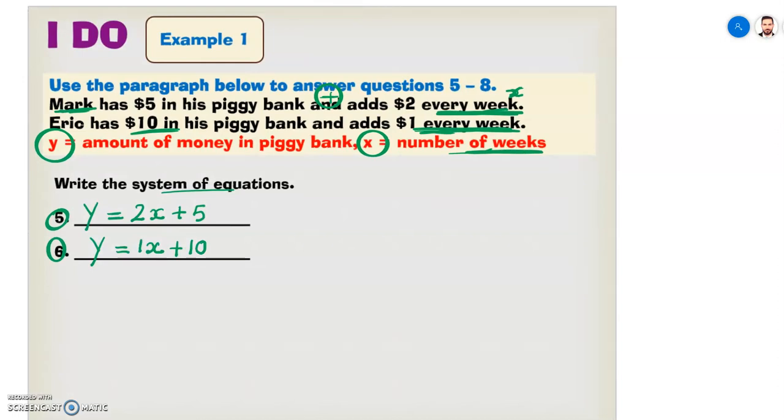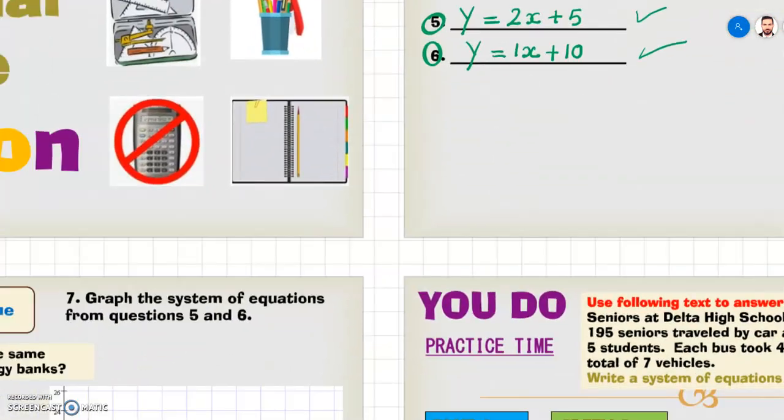Okay, so now I have written the system of equations by analyzing it. I wrote it in a mathematical method. Is this question finished? No, I have to complete questions 7 and 8. We are going to complete 7 and 8 in the next slide.